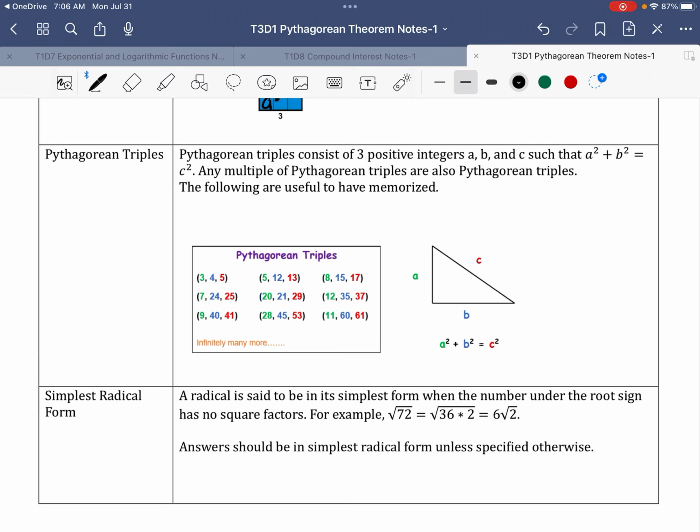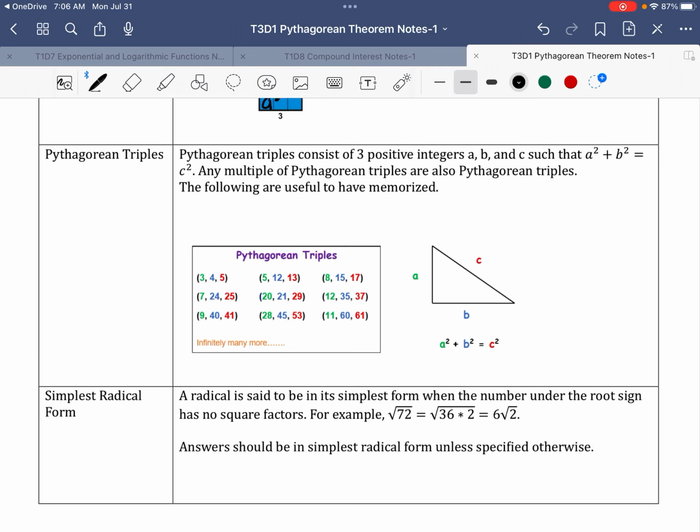Now, we should always reduce to simplest radical form. So a radical, or like a square root or any kind of root, is said to be in its simplest form when the number under the root sign has no square factors. So for example, if you take the square root of 72, one of the factors of 72 is 36.